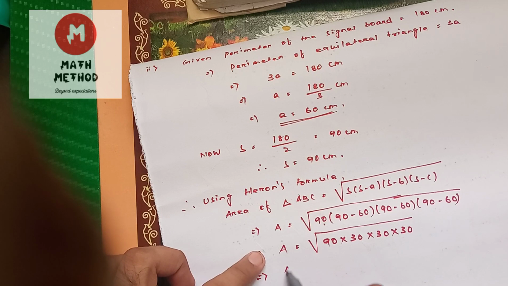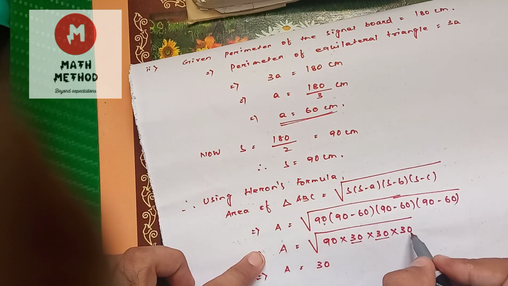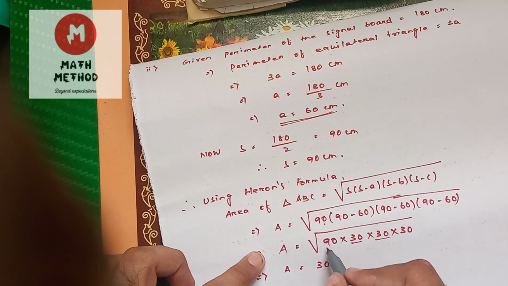Here 30 is multiplied two times, and 90 is equal to 30 into 3, so we get 30 into 30 into root 3, which is 900 root 3 centimeter square.